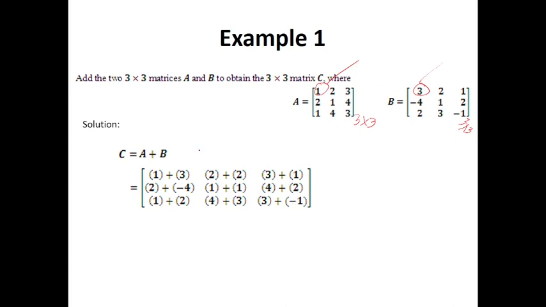So 1 plus 3. 2 and 2 are also corresponding elements, so we add those. 3 and 1, and so forth until you reach 3 and negative 1. And this will now be the result, and this will be our answer. Simply as that.